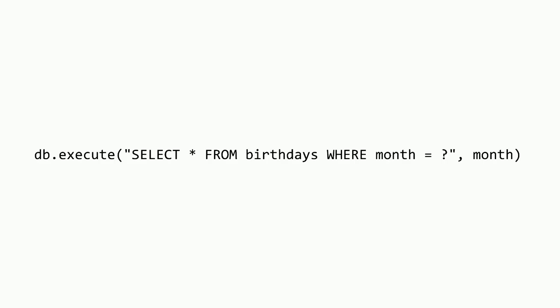And then we're filtering it where month equals some variable, where this question mark is a placeholder for a variable. And we've passed in this month variable. So this would return to us the rows in birthdays where month is equal to the month that we submitted in the form.